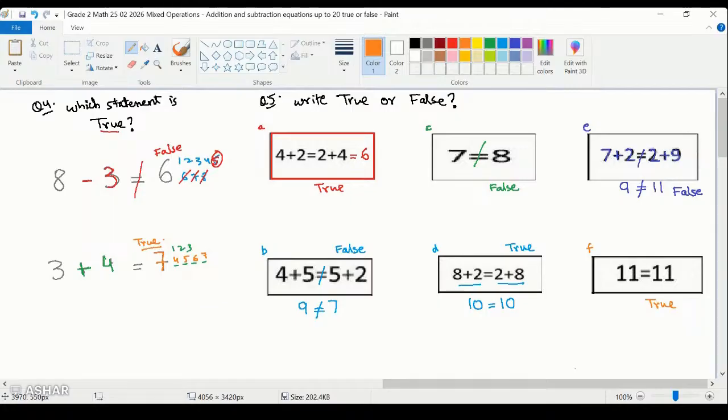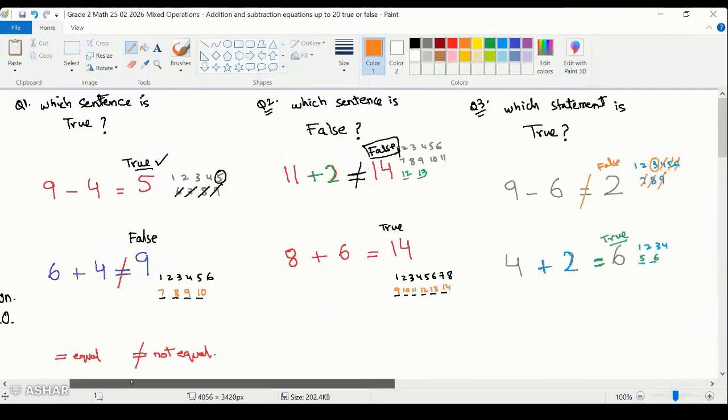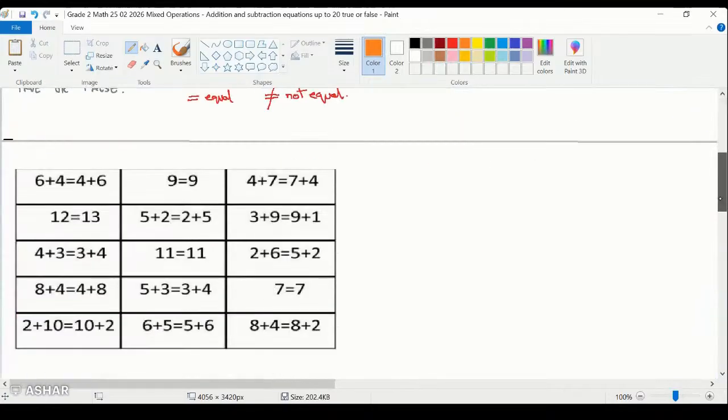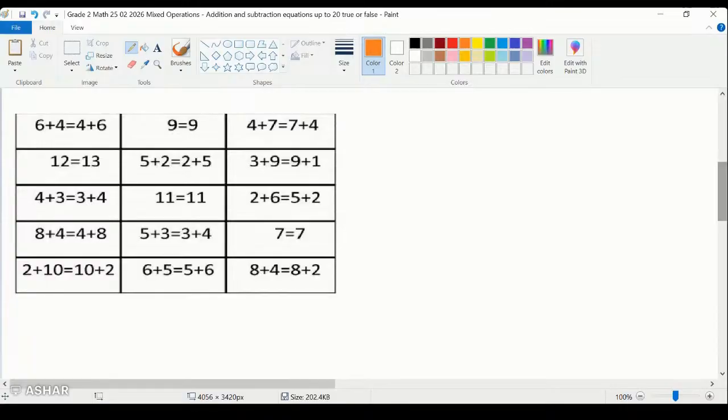Okay, so let's move ahead. Let's do question number 6. In question number 6, a lot more shapes are given to us. Just a moment, please. I'll just copy paste.